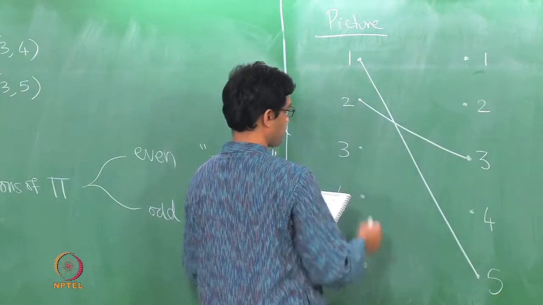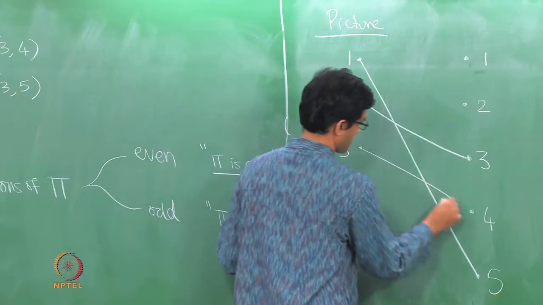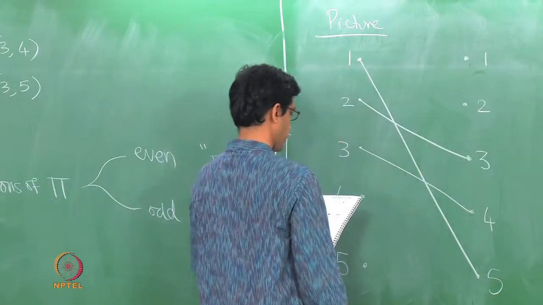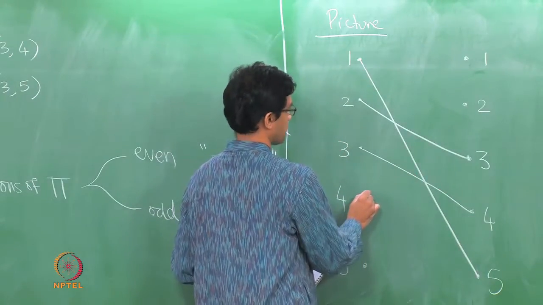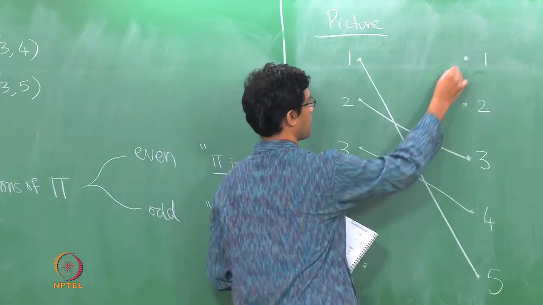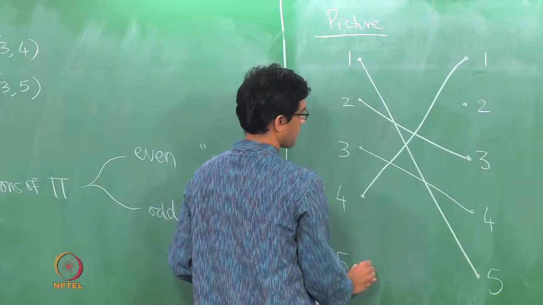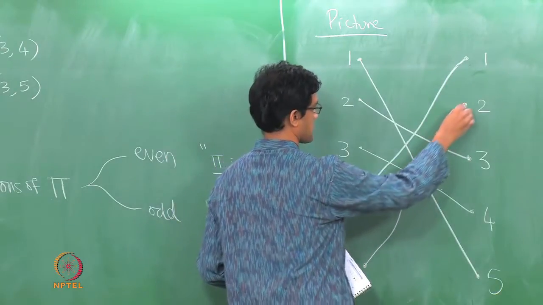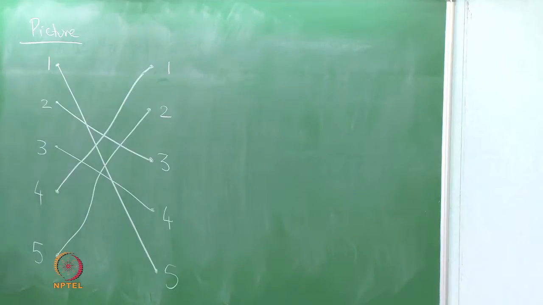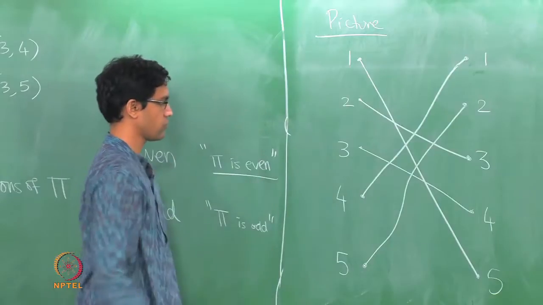It maps 3 to 4. It maps 4 to 1, and it maps 5 to 2. So here's the diagram which depicts what pi does to the numbers 1 through 5.